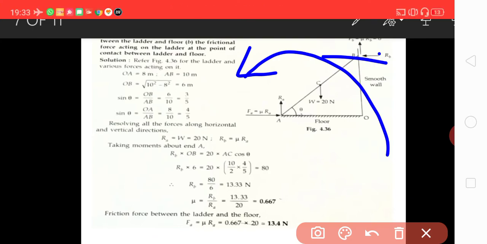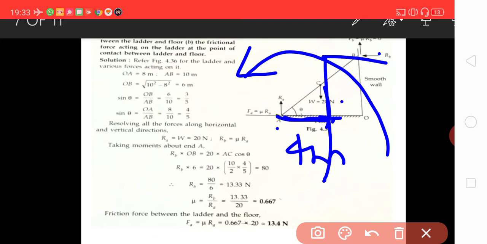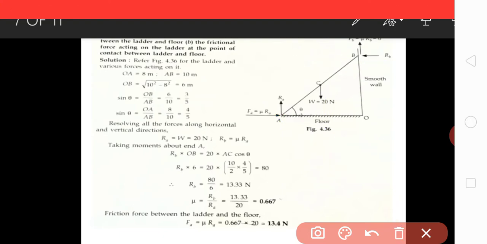Similarly, the weight of the ladder is acting at the center, that is 5 meter, and this distance will be 4 meter. So this is the line of action, this is the shortest distance. Then W into 4 should be equal to RB into 6. Same thing, RB into 6 is equal to W, 20 into 10 by 2 into 4 by 2, that is 80. It will be the same only.